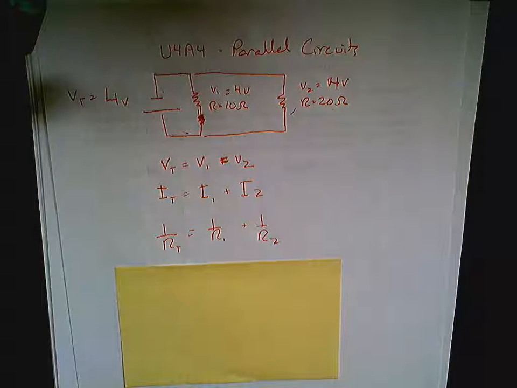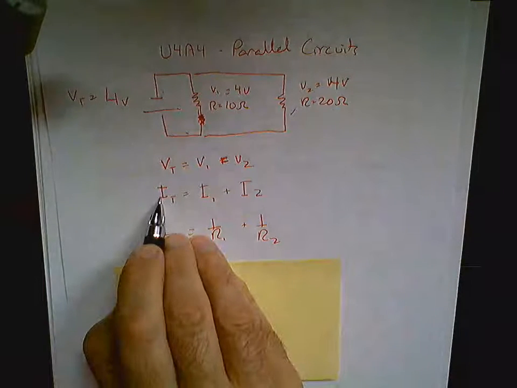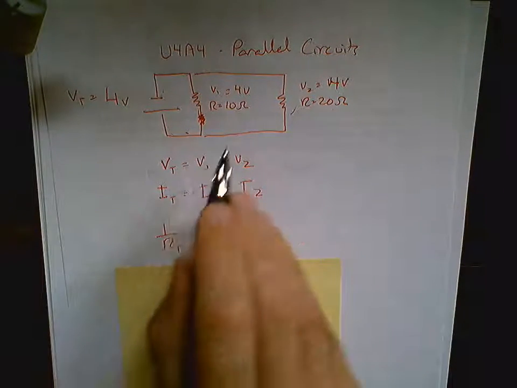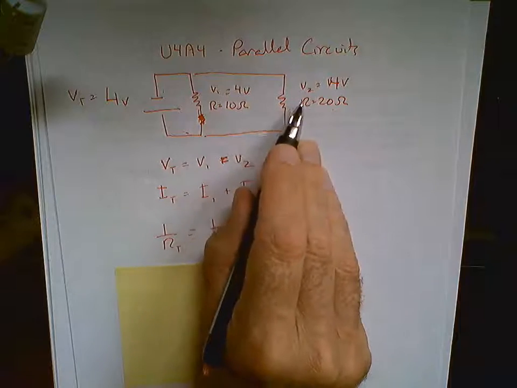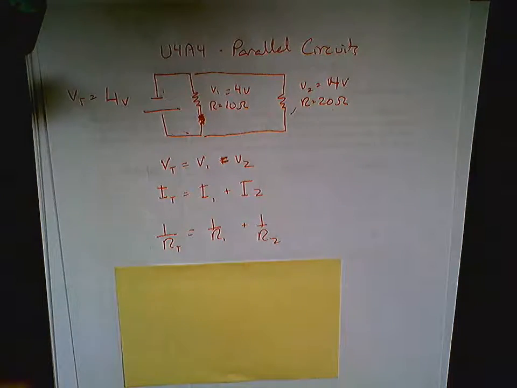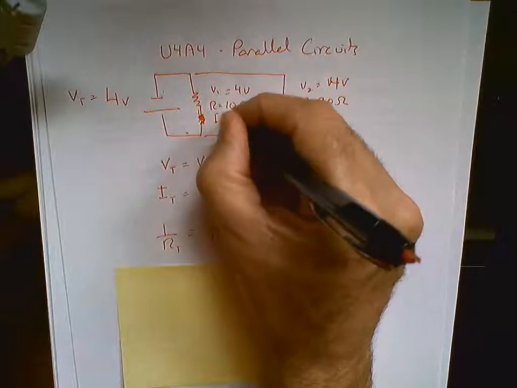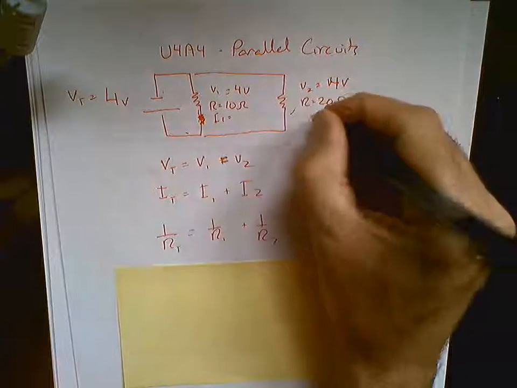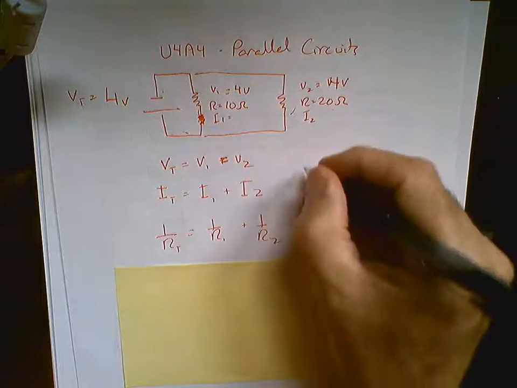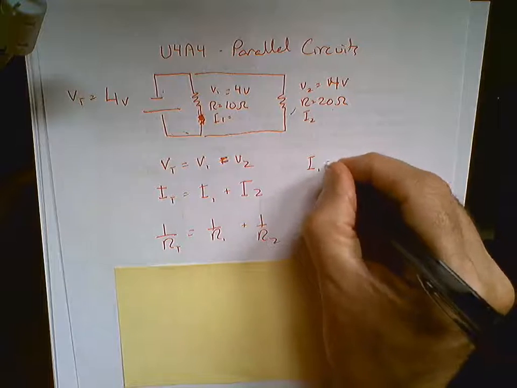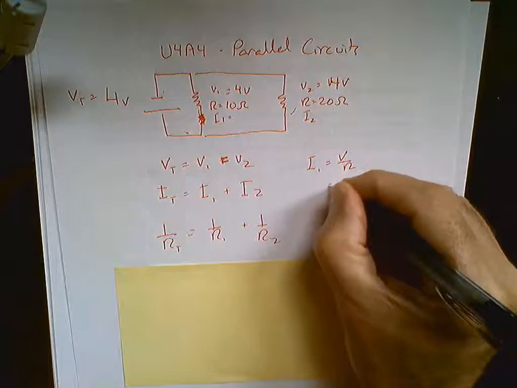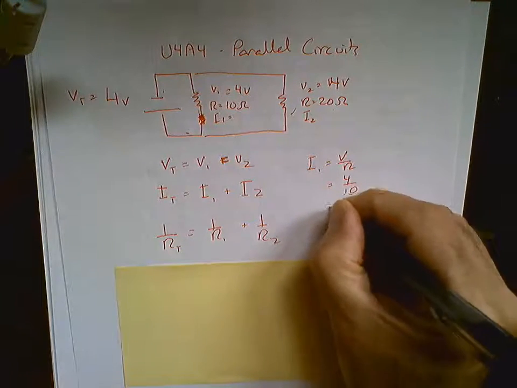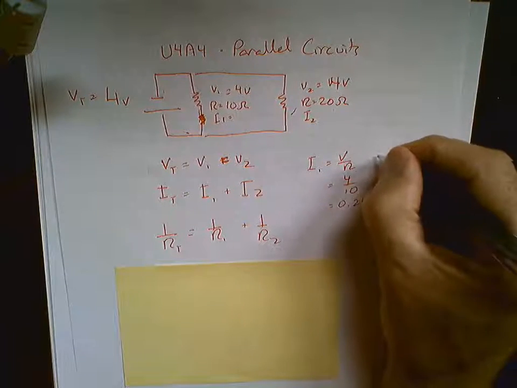Now, here's the interesting part. Amperage is additive. So if we've got the amps in this system and the amps in this system and we add them up, that's our amps total. So there's I1 and there's I2. To get I1, it's going to be voltage over resistance, so 4 over 10, which is 0.25.